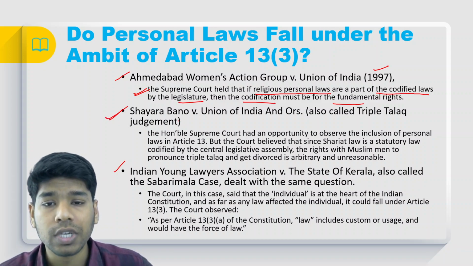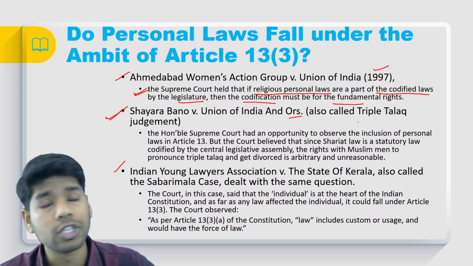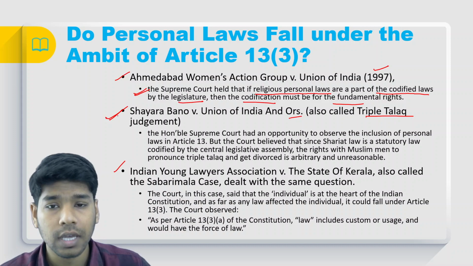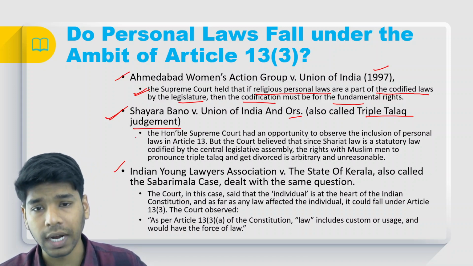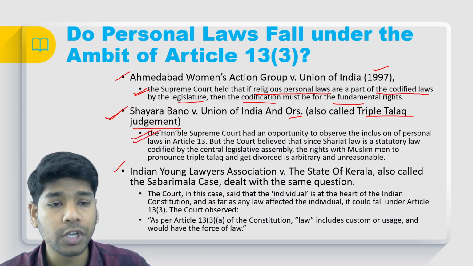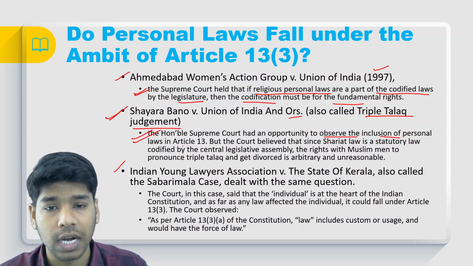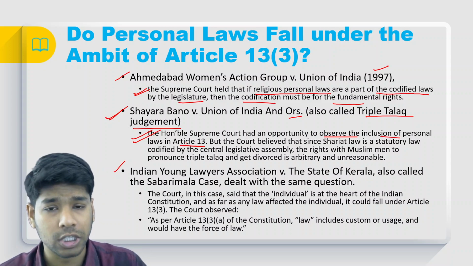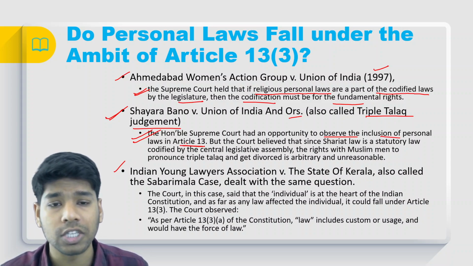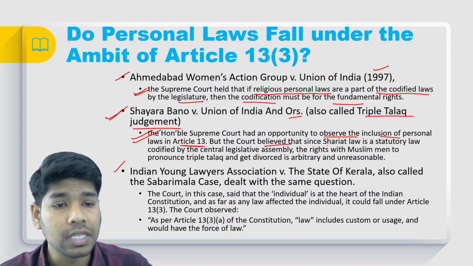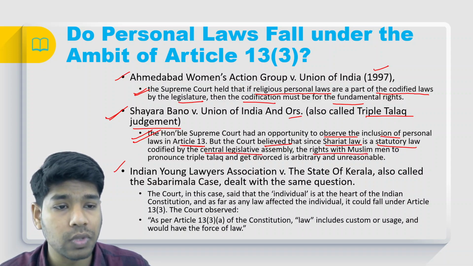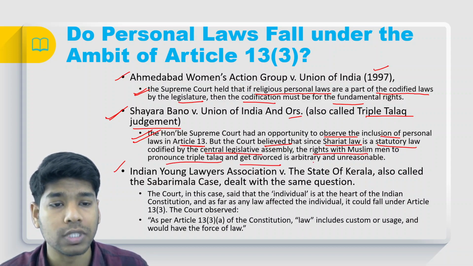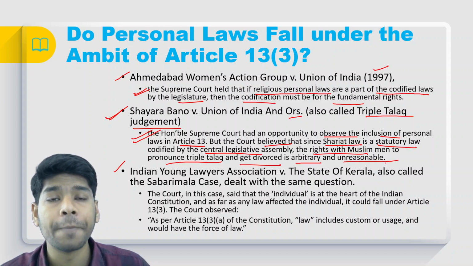And next one, Shayara Bano versus Union of India and others case, which is also famously known as the triple talaq case. Triple talaq means if you say talaq, talaq, talaq, there will be divorce. The Honorable Supreme Court had an opportunity to observe the inclusion of the personal laws in Article 13. But the court believed that since Shariat law is a statutory law codified by the Central Legislative Assembly, the right of Muslim men to pronounce triple talaq and get divorce is arbitrary and unreasonable.